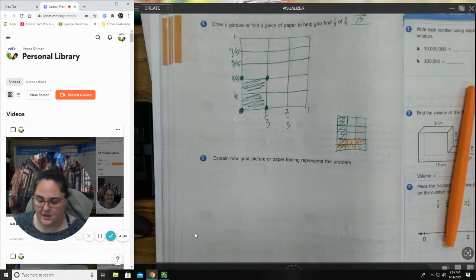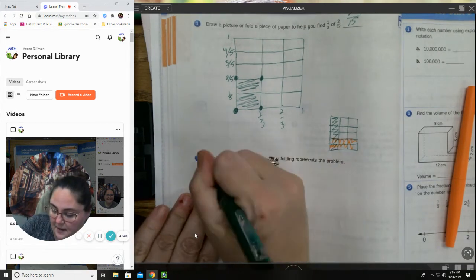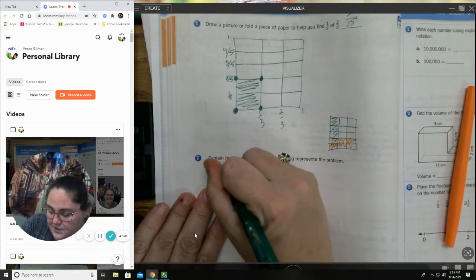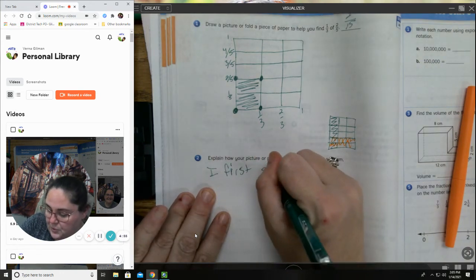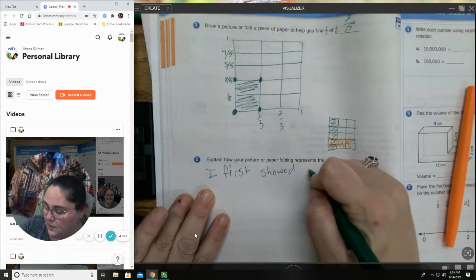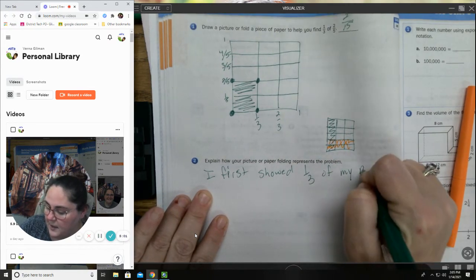For this question, what I would do is I would start by thinking about the problem in general. I would say, explain how my picture. I first showed 1/3 of my paper.